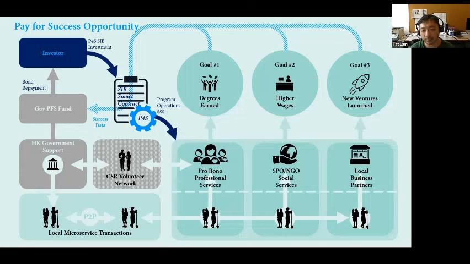The government of Hong Kong recently launched one around 30 million Hong Kong dollars, something like 6 million Singaporean dollars, to start a Pay for Success model on minority student education.